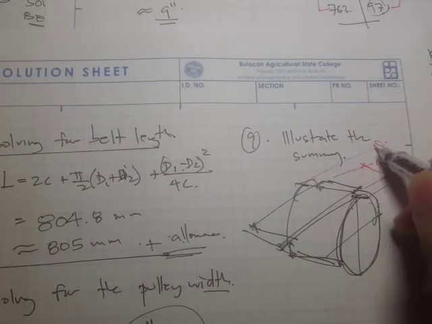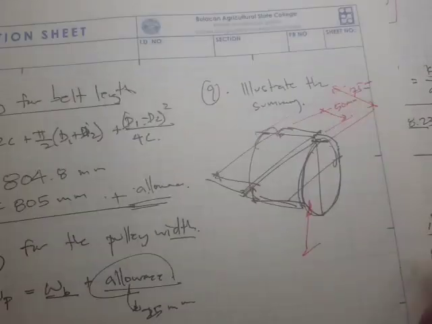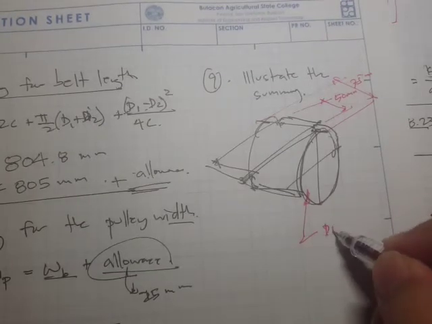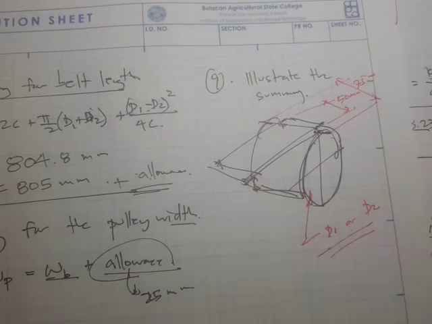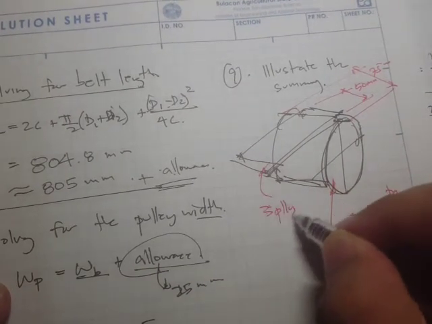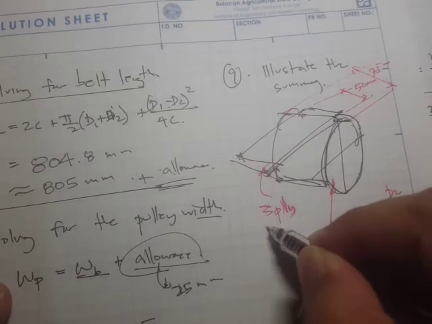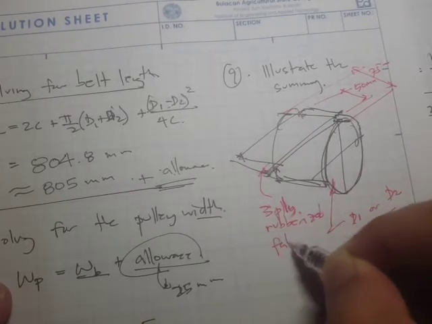Right here is 75 mm, and the diameter that can be D1 or D2. This is 3-ply rubberized fabric. So I guess that's enough for this topic on flat belt drives.